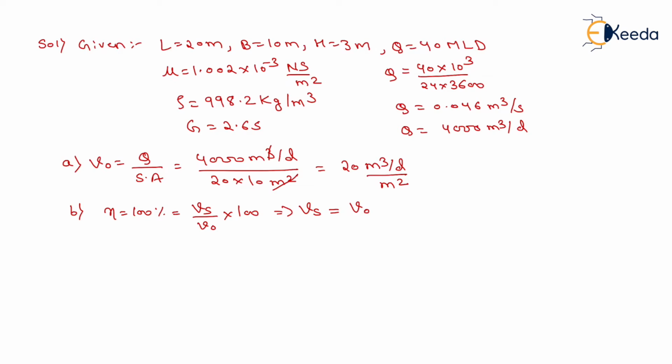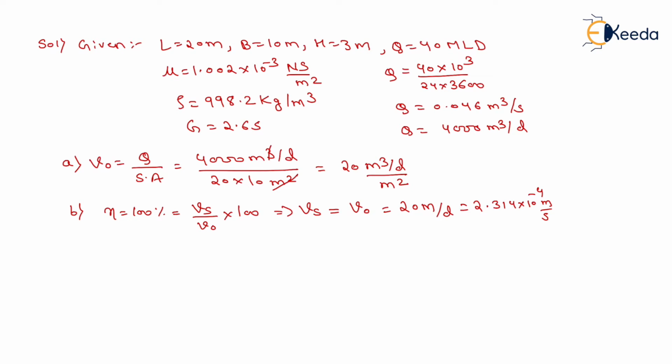Now Vs equals V naught, which we already calculated as 20 meter cube per day per meter square, so we write it as 20 meter per day. But we want this answer in meter per second, so we divide this by 24 into 3600, and we get 2.314 into 10 to the power minus 4 meter per second. Okay, that is the value of settling velocity.